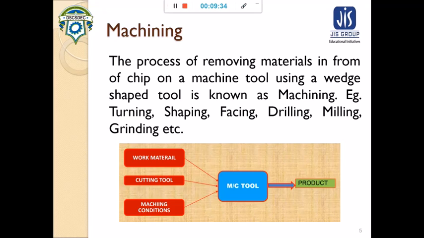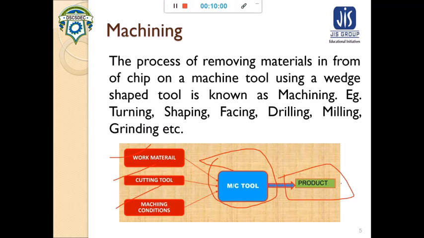In machining, there are various parameters, such as the work material, the cutting tool, and the machining conditions. These three come together along with the machine tool, and it can give the finished product. This finished product is known as the machined product.